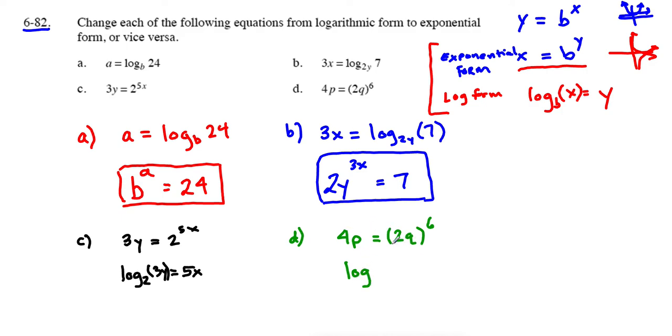Which one of these is being raised to an exponent? Well, 2q is being raised to the power of 6, which means 2q is my base. So I have log base 2q. And we're going to say the outcome is 4p and that our exponent is 6. So remember, 6 is over here and our 4p ends up being right there. So we get log base 2q of 4p equals 6. That is our answer for letter D.